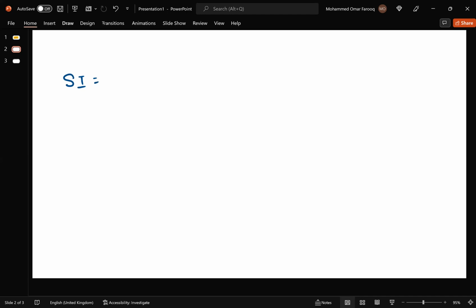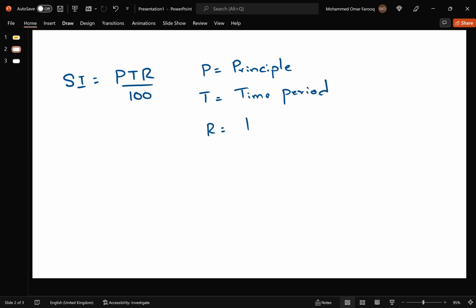And what is the formula we use for simple interest? Simple interest, we use PTR by 100, where P equals principal, T equals time period, and R is rate of interest.